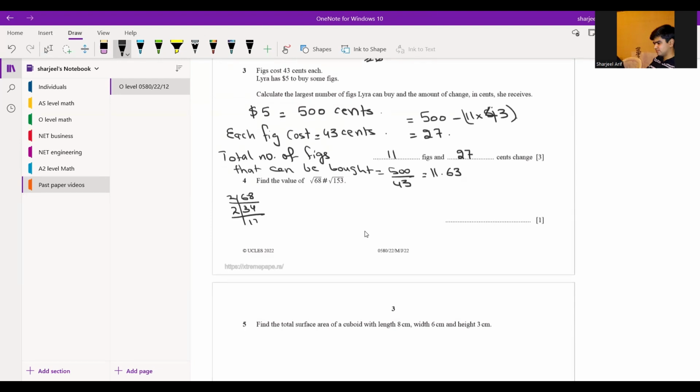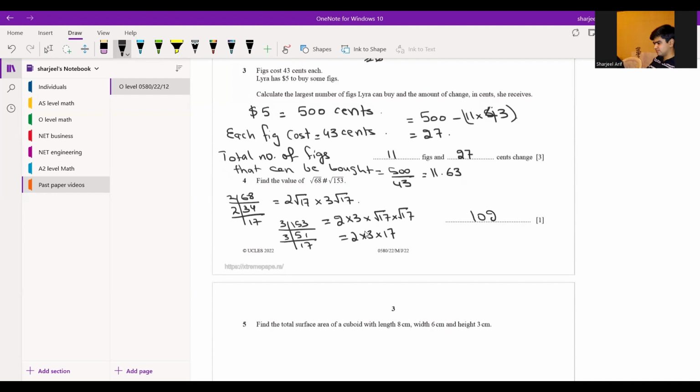So you will divide by 2. So under root 68 will become 2 root 17 multiplied by 153, which will be divided by 3, again divided by 3. So this will become 3 root 17. So this is how you can solve it manually. Under root 17 into under root 17 will be 17.